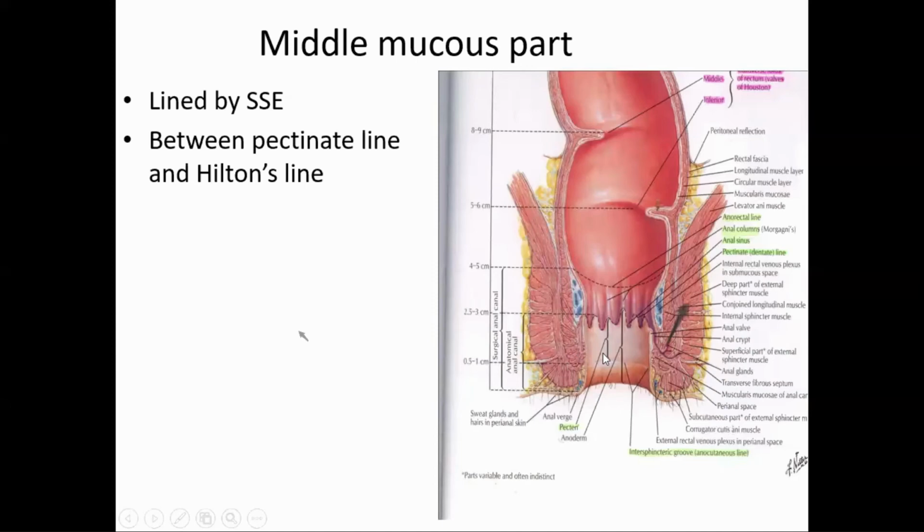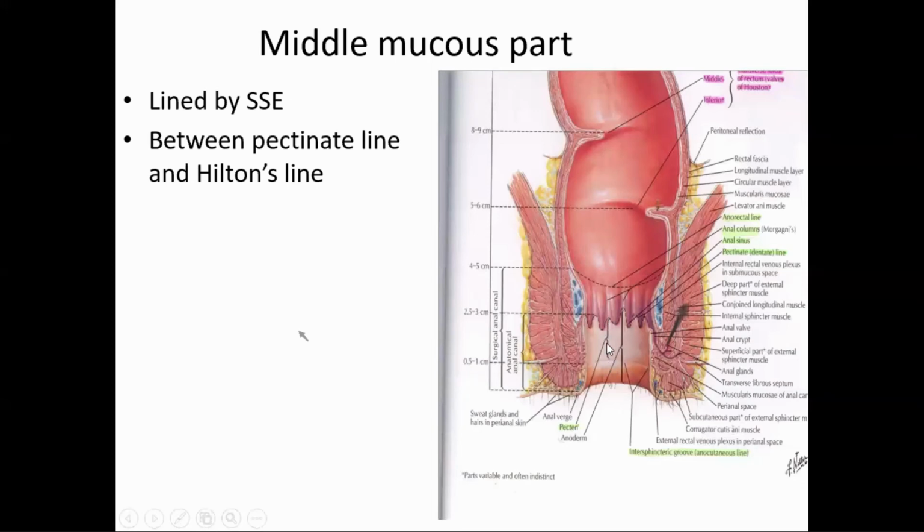So at the lower end of the internal anal sphincter there is an imaginary line, called Hilton's line. The intermediate part lies between the pectinate line and Hilton's line.